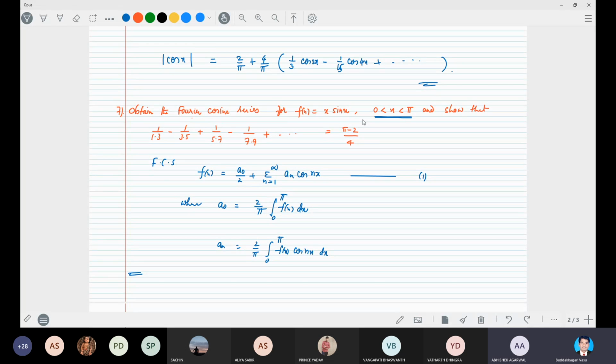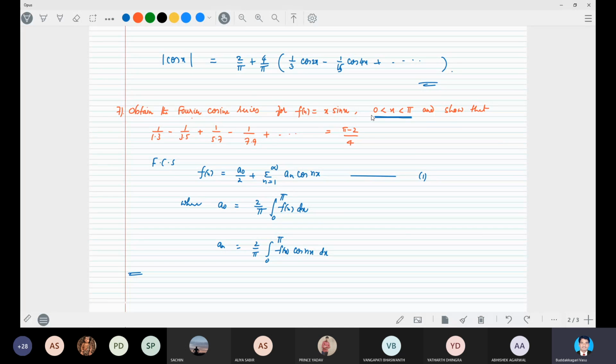In the half interval, we can find either a Fourier sine series or a Fourier cosine series. But our problem is asking to obtain the Fourier cosine series. So therefore, this half interval may be extended to the full interval from minus pi to pi.